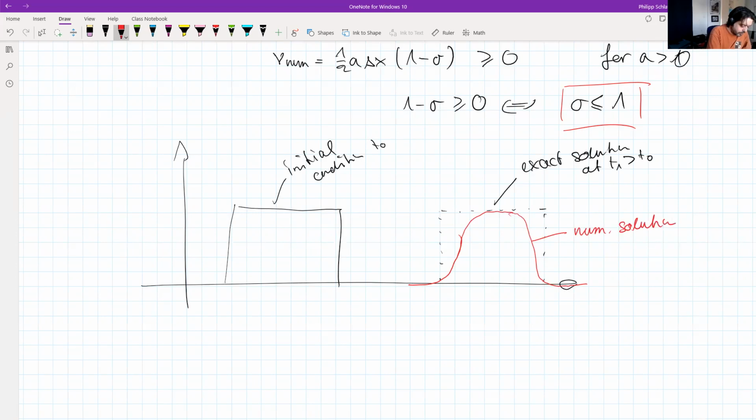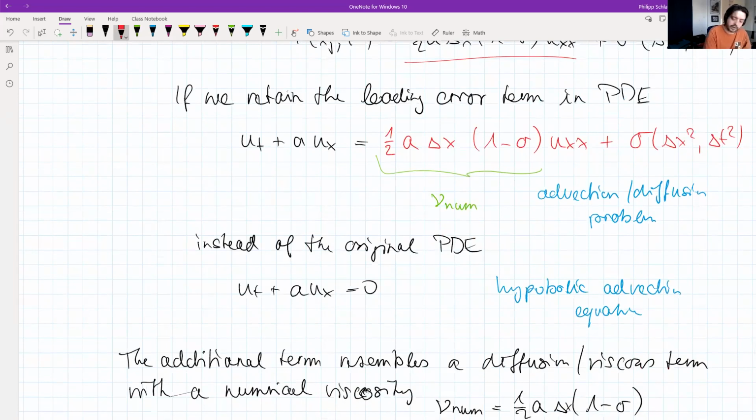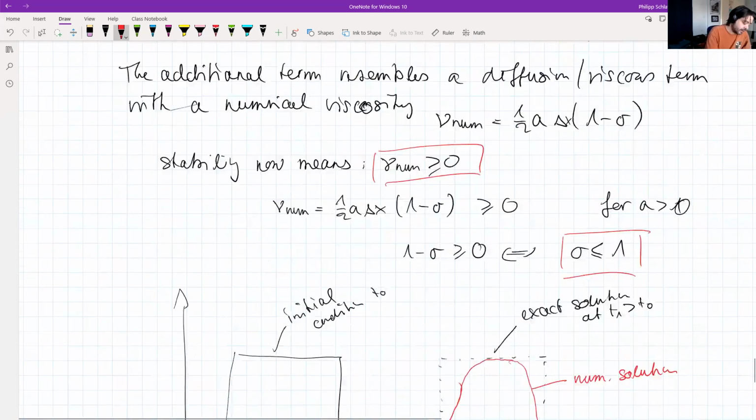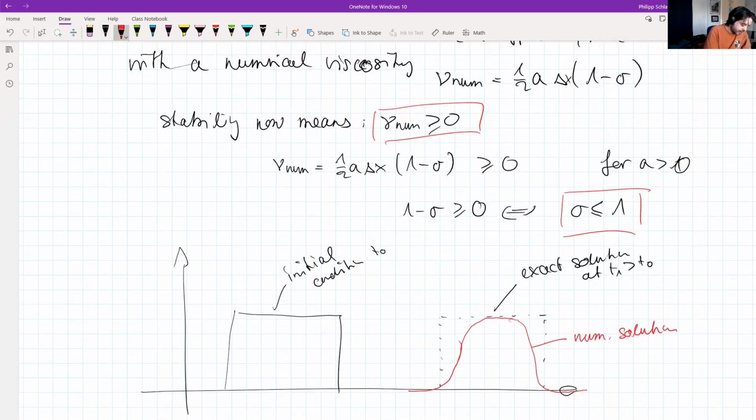So this would be the numerical solution that I get. But now, with this derivation at hand, namely that instead of solving the original PDE we actually solve an advection diffusion equation with a numerical diffusion that depends on sigma, we can understand that. The lower sigma is, so the larger 1 minus sigma is, the more diffusion I have. In the extreme case of sigma being exactly 1, 1 minus 1 is 0, and I have no diffusion at all.